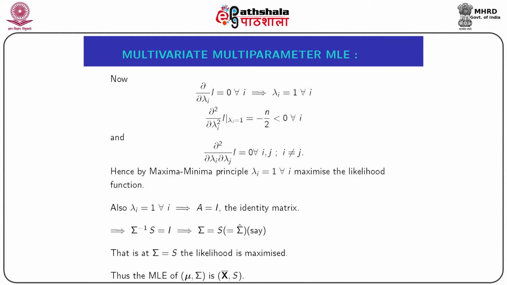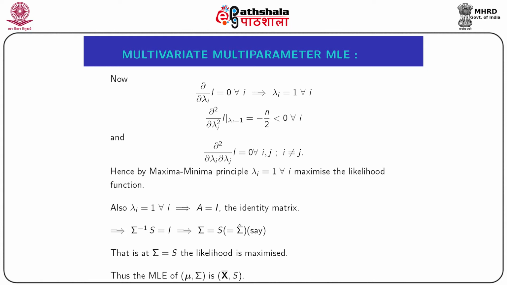Hence, by maxima minima principle, lambda i equal to 1 maximizes the likelihood function, because if we want to construct the Hessian matrix here, it will be nothing but a diagonal matrix whose all the diagonal elements are minus n by 2, and as a result the Hessian matrix will be a negative definite matrix, which ensures that lambda equal to 1 maximizes the likelihood function.